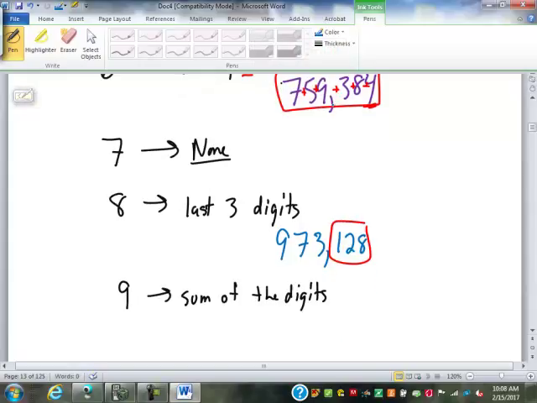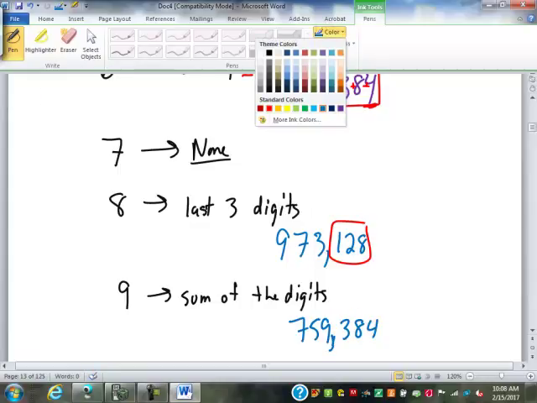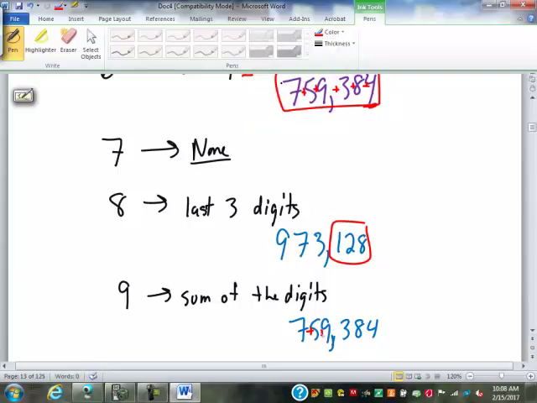If I have 759,384, and I add those digits up, 7 plus 5 is 12, plus 9 is 21, plus 3 is 24, plus 8 is 32, plus 4 is 36. Is 36 divisible by 9? Yes, it is. So this whole number is divisible by 9. Again, I don't use that one very often because I can just divide by 3 twice.